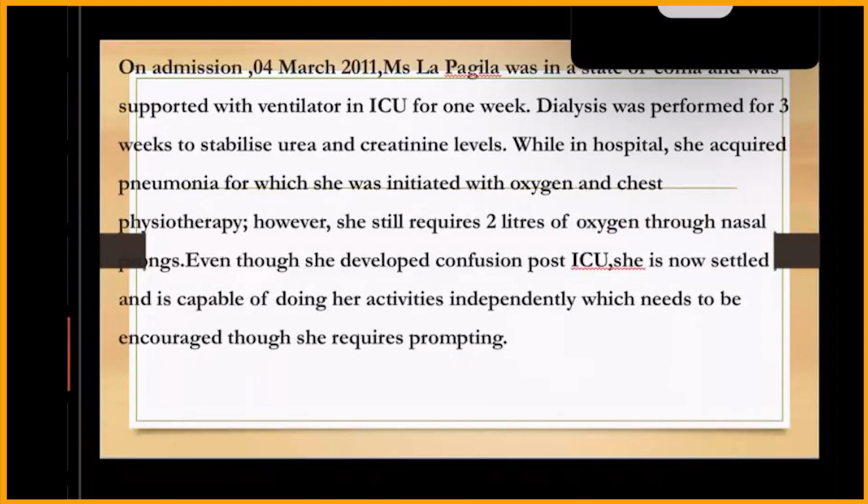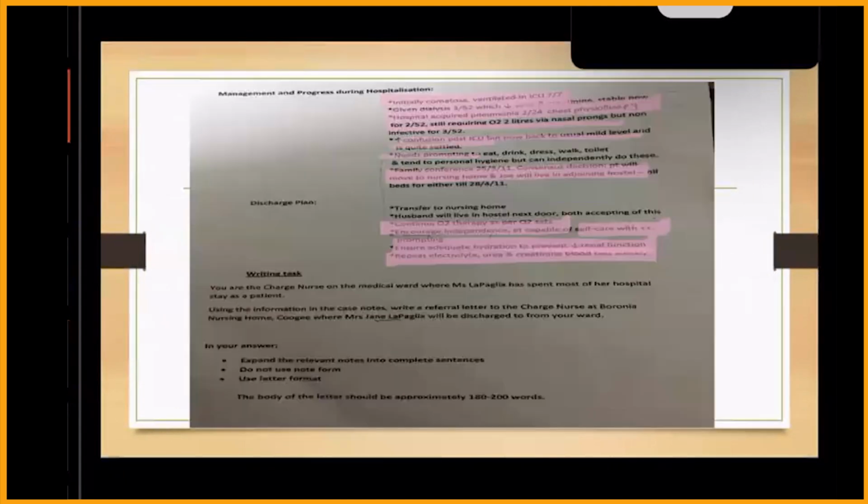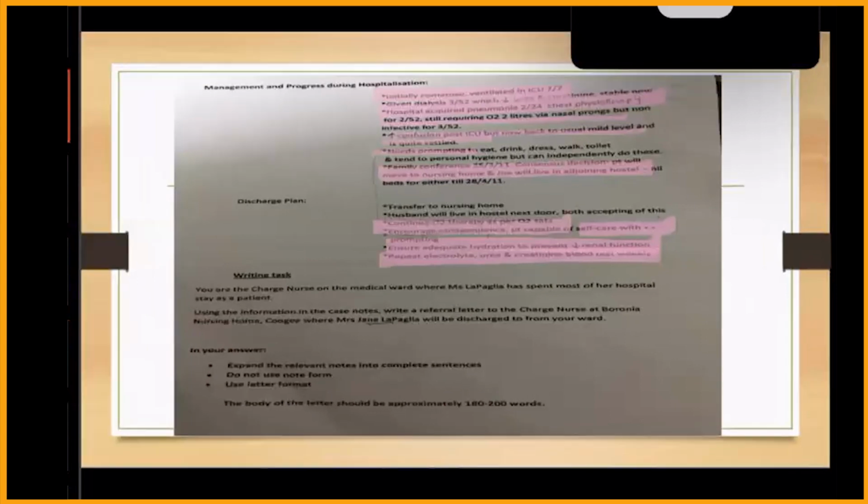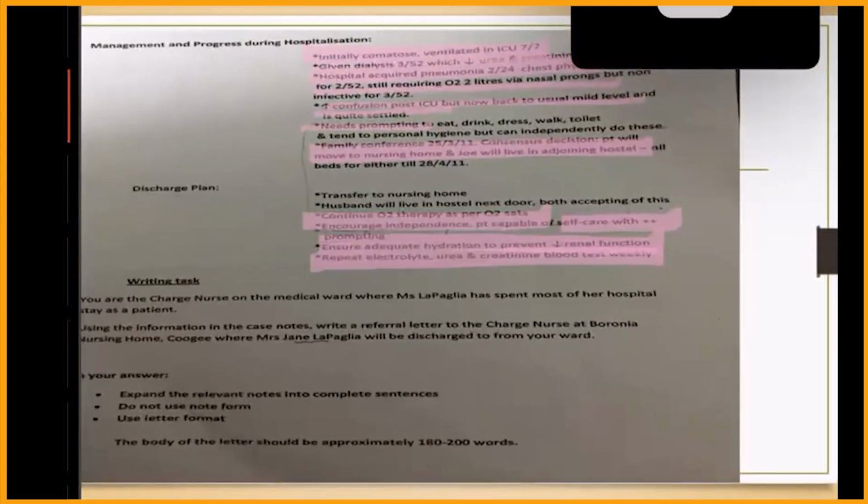Even though she developed confusion post ICU, she is now settled and is capable of doing her activities independently. Then I took the plan, which needs to be encouraged, though she requires prompting. That is how I said it. Clear? Yes, ma'am. I've added all this together: needs prompting, encourage independence. I've written that together. Okay, so now that is over.